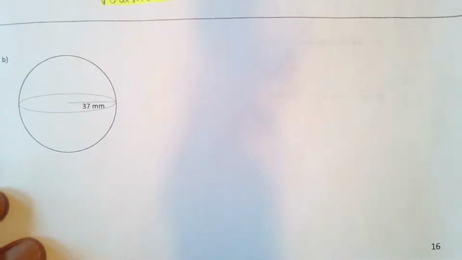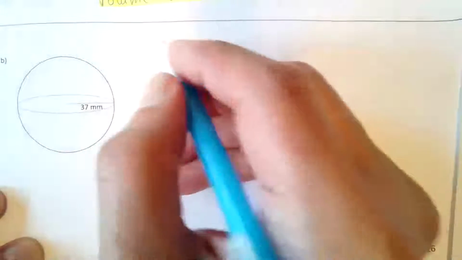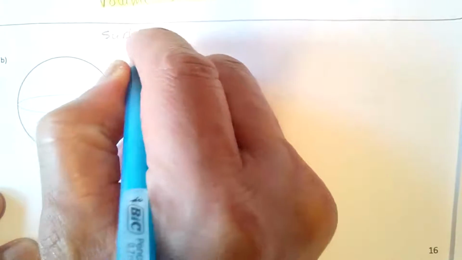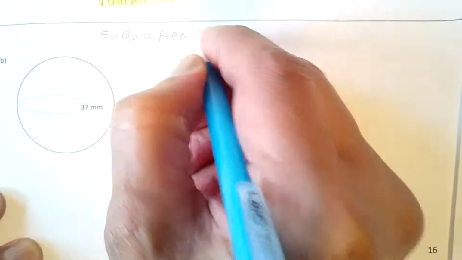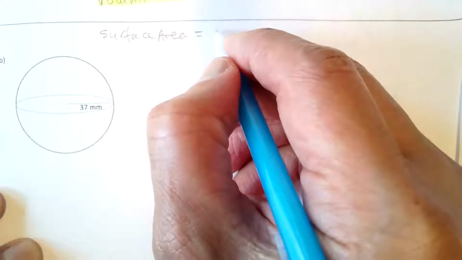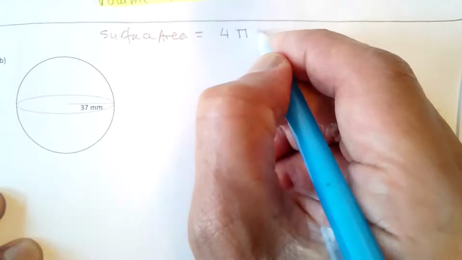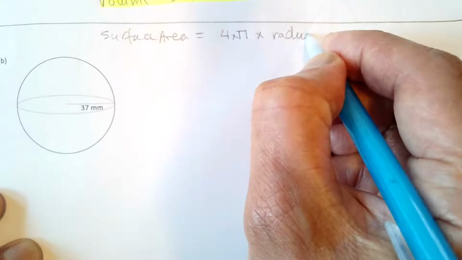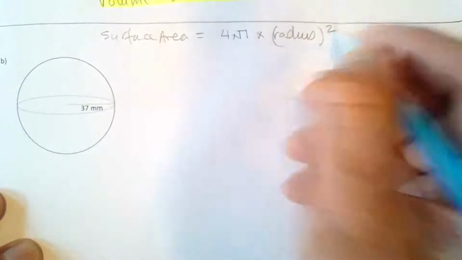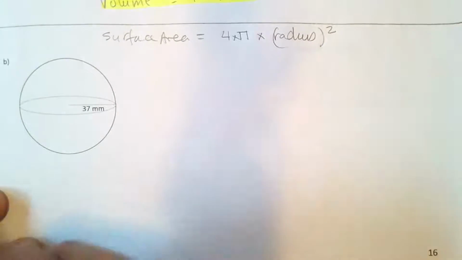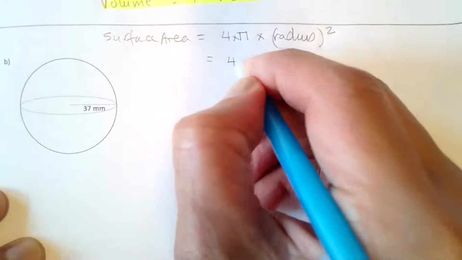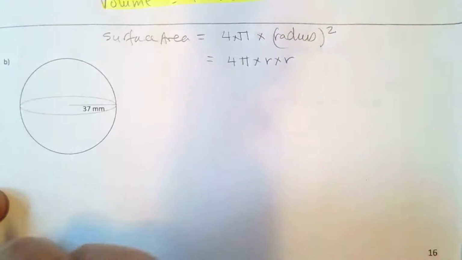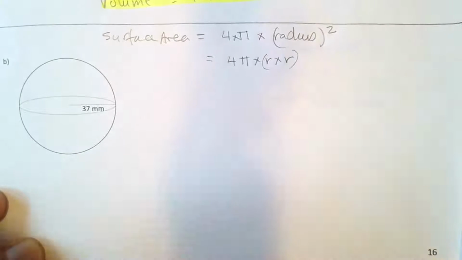So let's record our formula for surface area. Surface area of a sphere is 4 times pi multiplied by radius squared, or radius times radius. Some people like to write it like this here, 4 times pi times radius times radius, so these are together, squared.